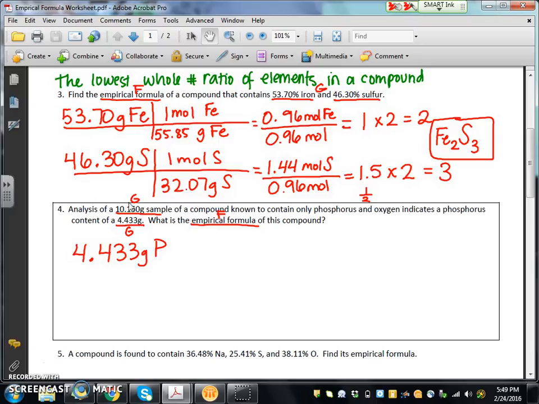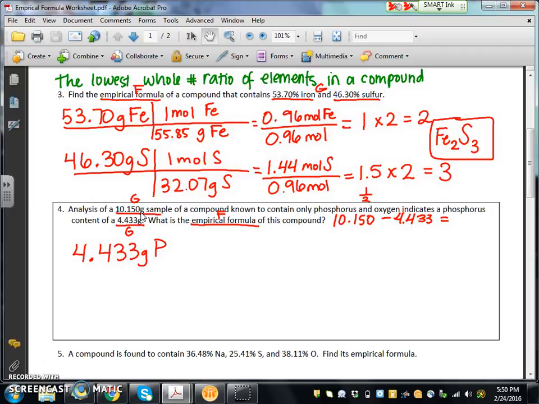However, they do tell us that the entire compound weighs 10.150 grams, which means that if I subtract 10.150 minus the amount of phosphorus I had, which was 4.433, that can give me the amount of oxygen I have.